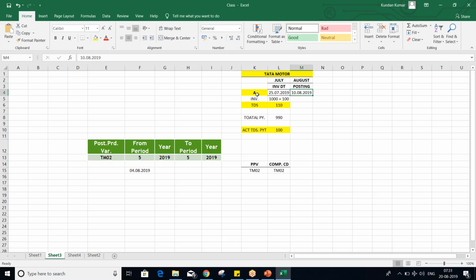Since today is 10th, by default the system is going to bring 10th of August in the posting date field.